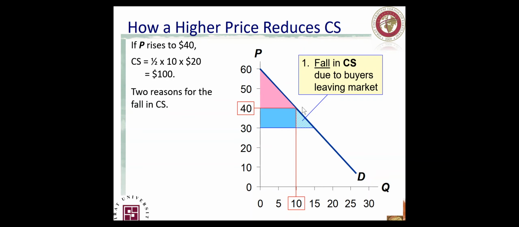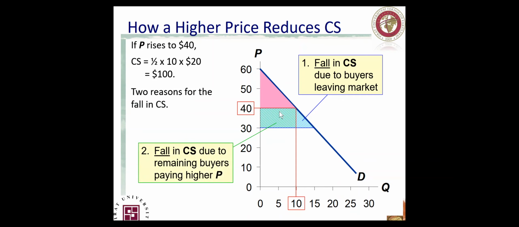This triangle is exactly the area that represents the consumer surplus loss due to the higher price. And then the higher price will also affect the overall consumer surplus and create a deduction by this rectangle shape.